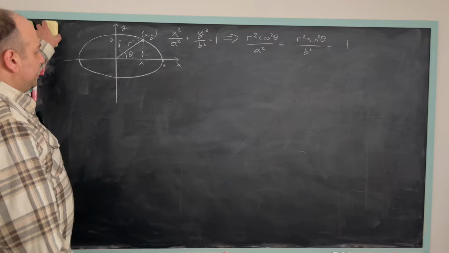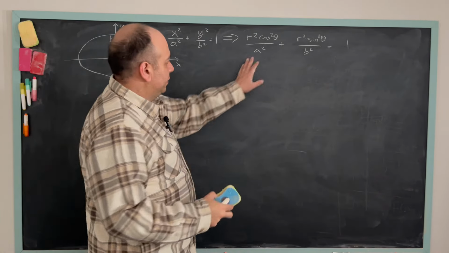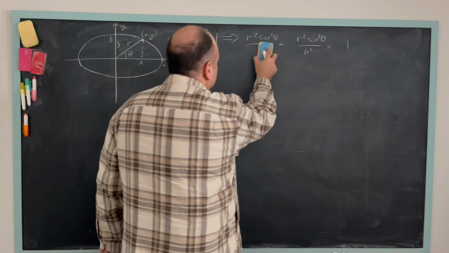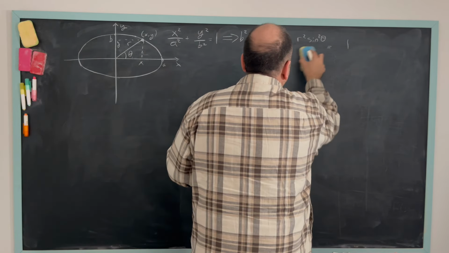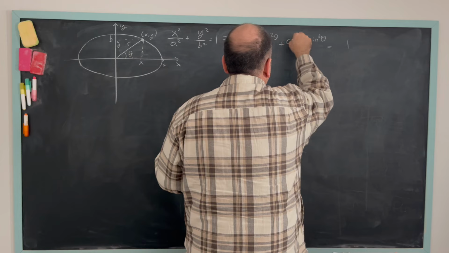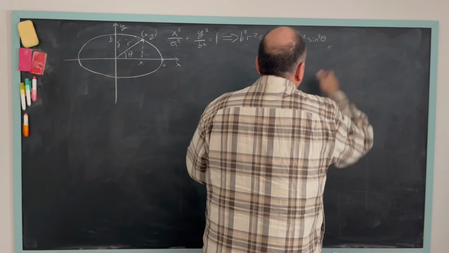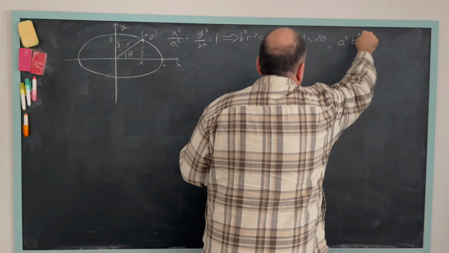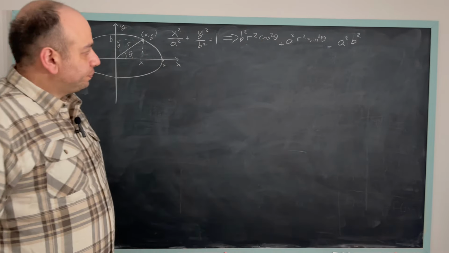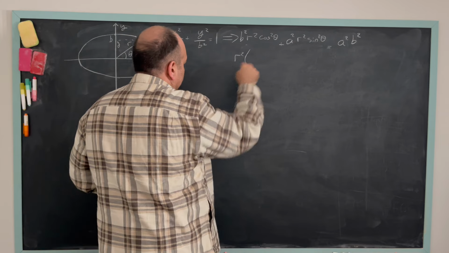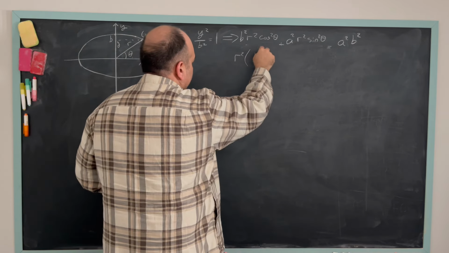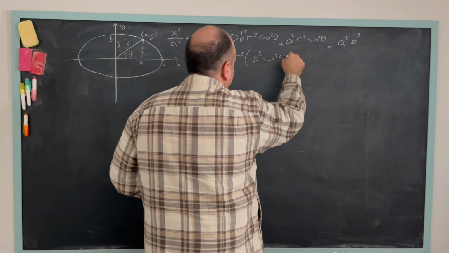So at this point, I'll multiply everything with a square and b square. So this gives me b square here, and this gives me a square here. And on the right hand side, I have a square b square. This is good. So the next step is, you can put r square out. So you'll have b square cosine square theta.